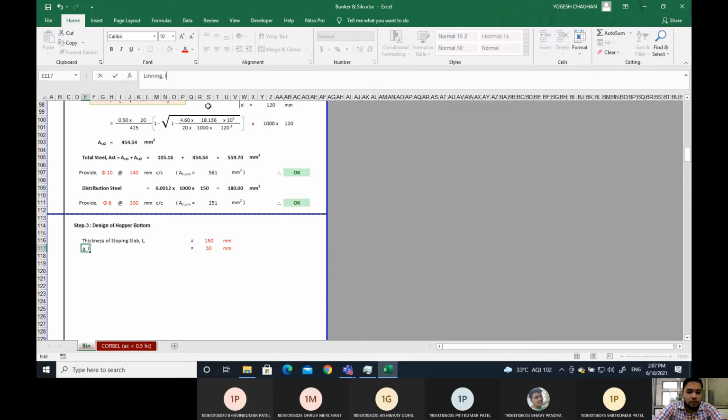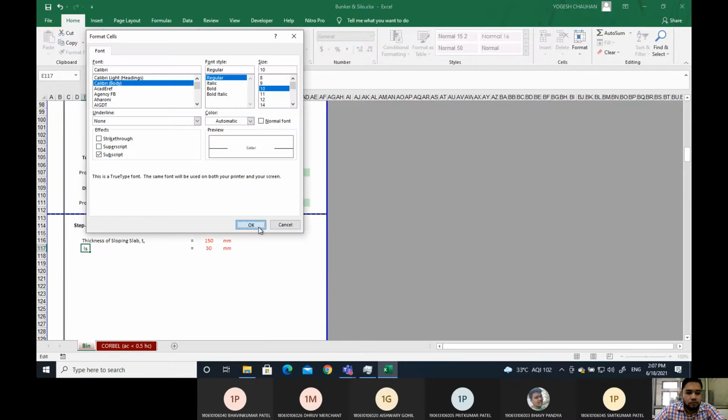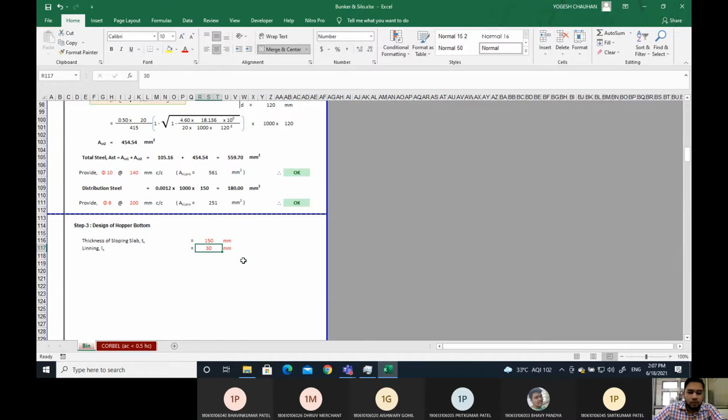You can designate this as LS or lining on sloping slab. Let us say this is 25 mm.